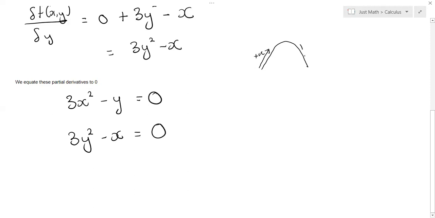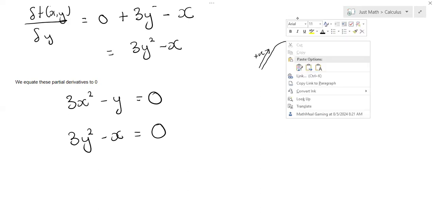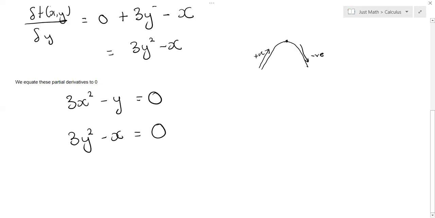This is going down, so this is a negative rate of change. But at a critical point, let's say at the maximum point, there's no change here. I can't really get the exact place, but you know what I mean. So at a critical point, like here at a maximum point, the rate of change at this particular point is 0. So we just have to equate this to 0.